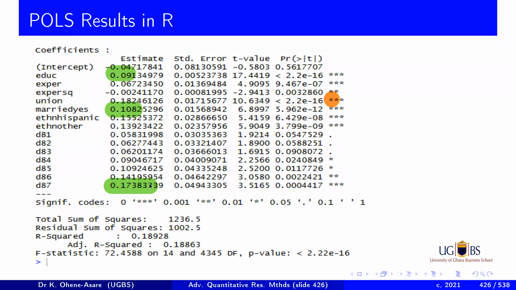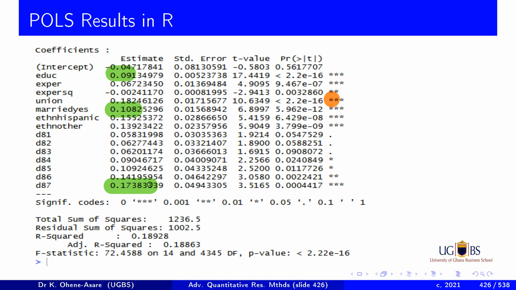What can you say about it? If you were to interpret it, remember, this is a time dummy from 81 to 87. How would you have interpreted this dummy? This is not simple, because it's an independent variable, but it's a time dummy.